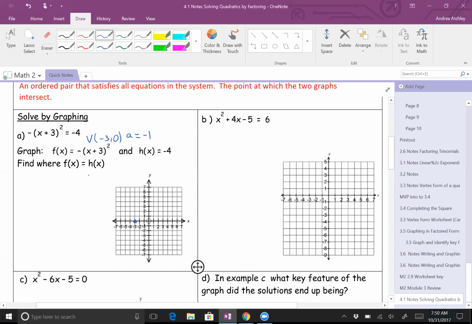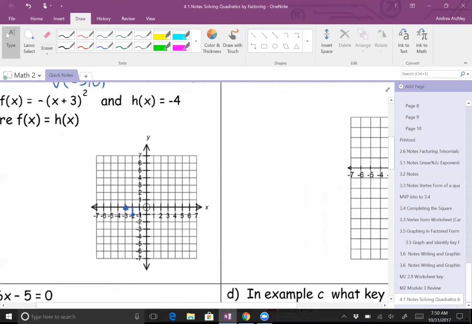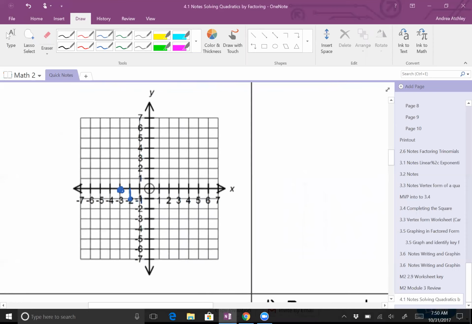So then we graph a over 1, then 3a over 1, then 5a over 1. So we're going to go to the right one and down 1. And then to the left one and down 1, because it's negative 1. Then to the right one and down 3, 1, 2, 3. Left one down 1, 2, 3.